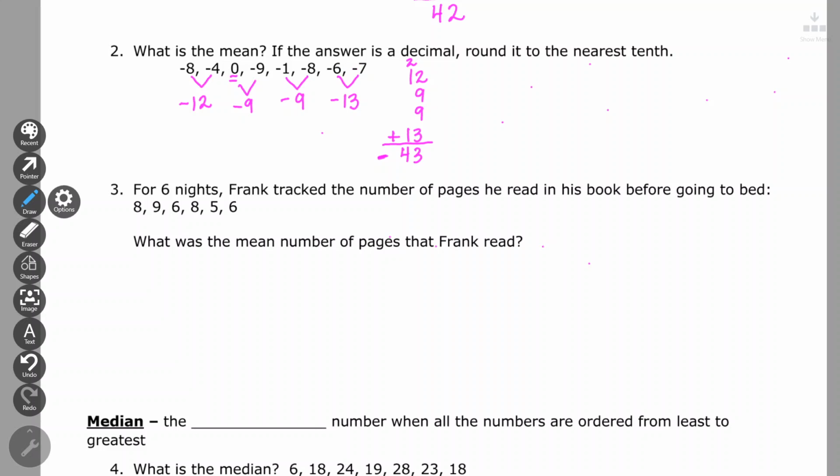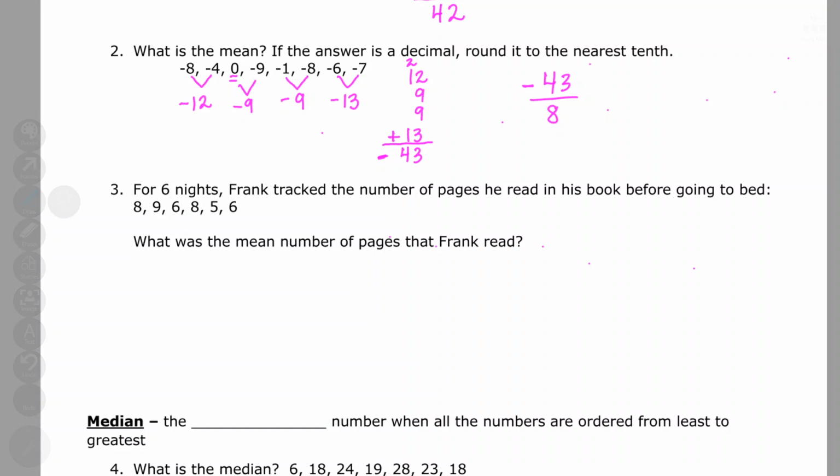There are 8 numbers in the data set. So we're going to say negative 43 divided by 8. Remember, you're putting the sum of the numbers in the top, the numerator spot, and the denominator is going to be how many numbers you have in the data set, which in this case we counted 8.